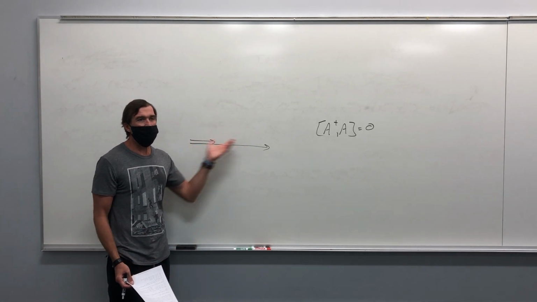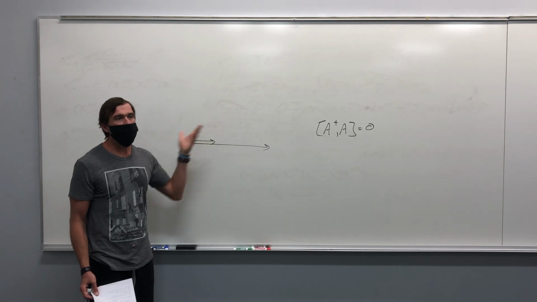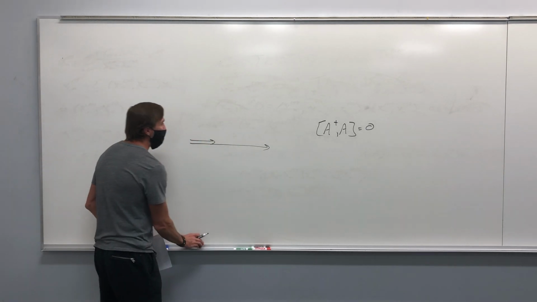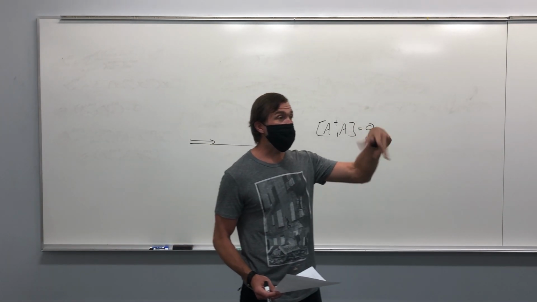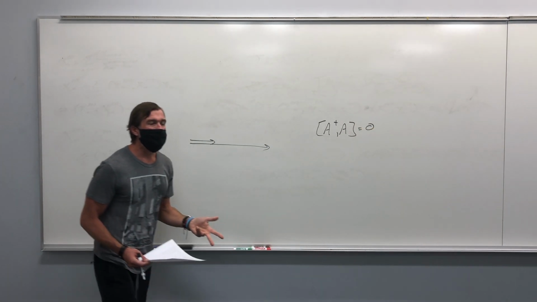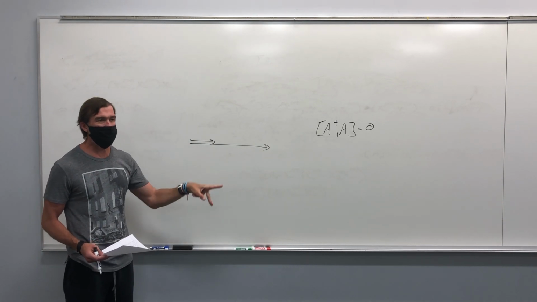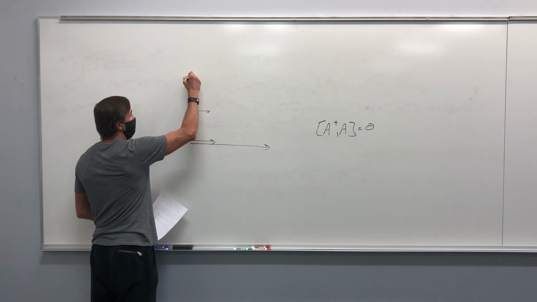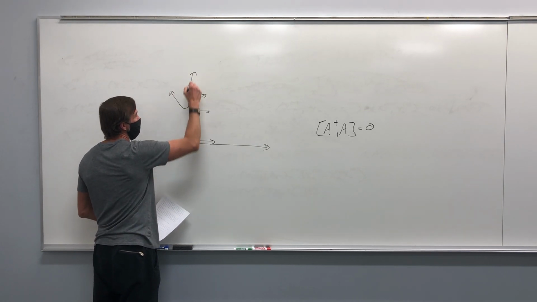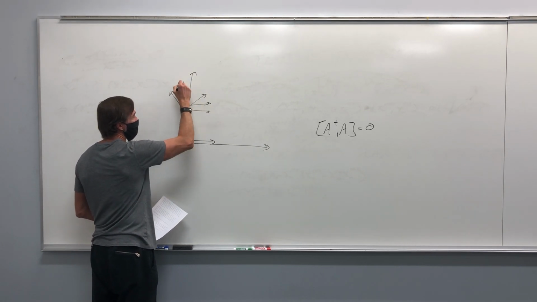And then any vector in that space is a multiple of that. However, if I have two eigenvectors which span the space, is there freedom in choosing the basis? Yes, there is. I could pick that as my basis. I could pick this as my basis. I could pick this as my basis.